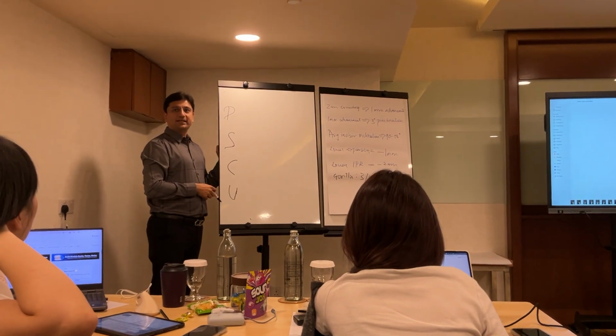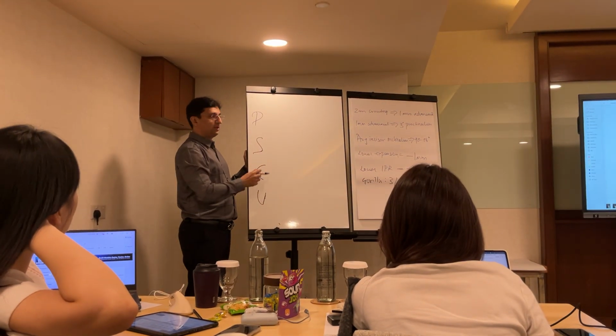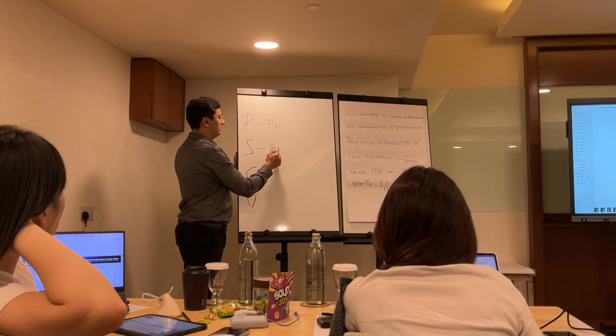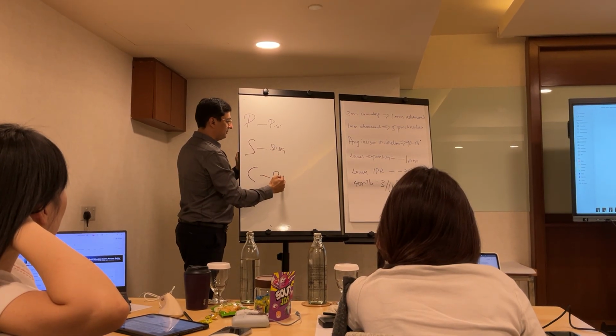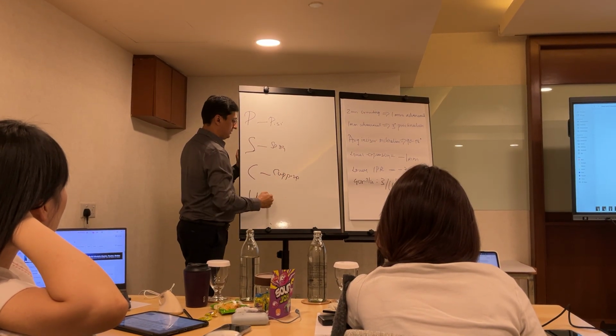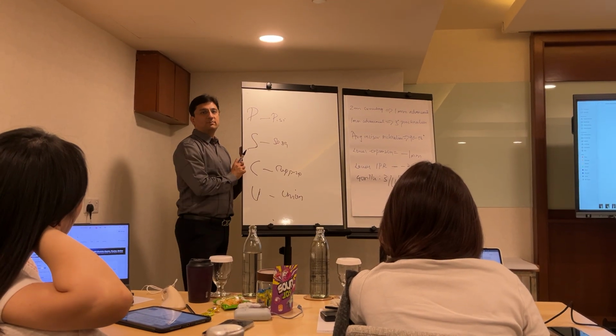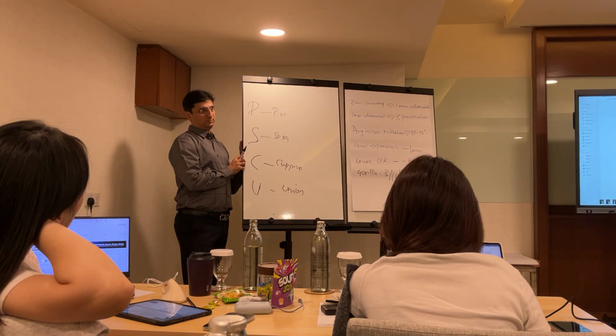Can you remember the line? Please stop coming up. This is pisiform. This is sesamoid. This is capping. And this is union. So remember the line, please stop coming up. Okay?